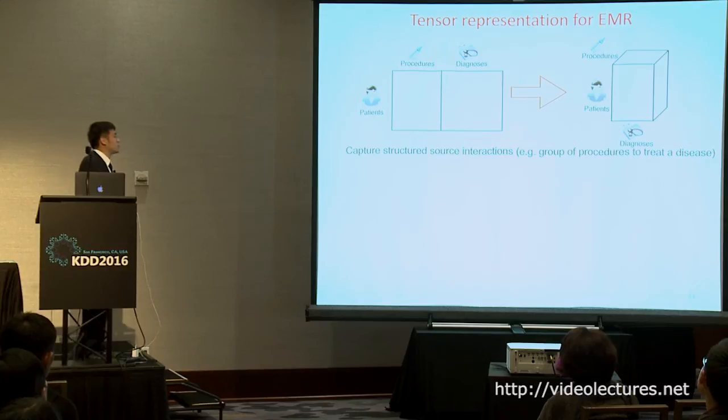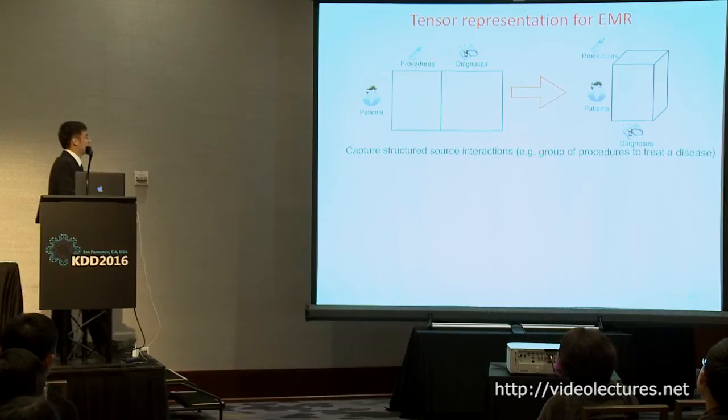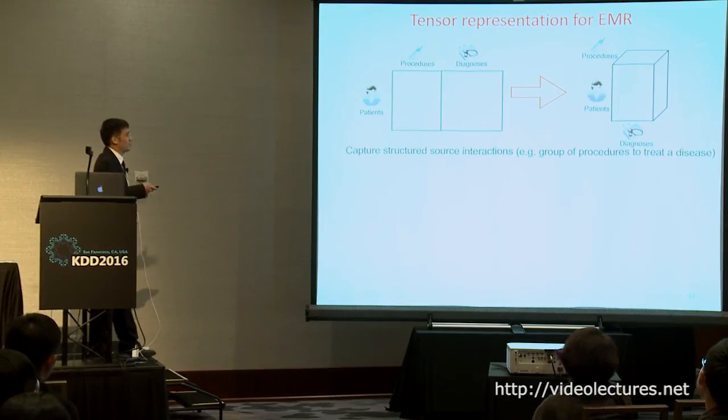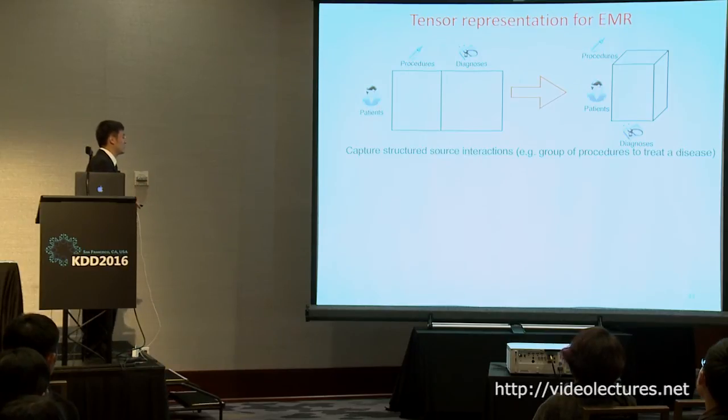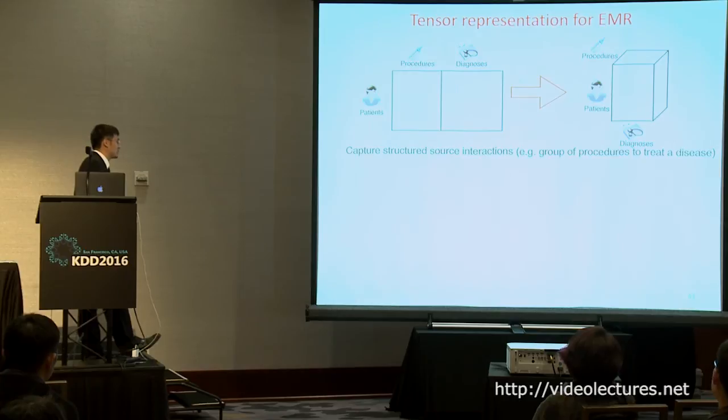The most straightforward way is to put the EMR data into a matrix. For a patient, they have a lot of procedures and diagnoses, and we just count how many patients have procedure A, procedure B, etc. And sometimes we can make a tensor to represent the electronic medical record data, which can capture the structured interaction.